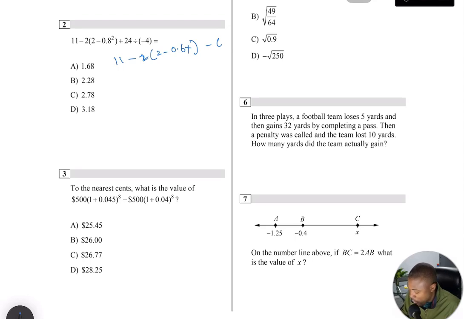So I would come here and say 11 minus 4, okay, plus 1.28 minus 6. Okay, so remember that I have used this -2 to open the parenthesis. So now this is fair game, right? So this is 1 plus 1.28, and this is going to be 2.28. So this is the correct option.